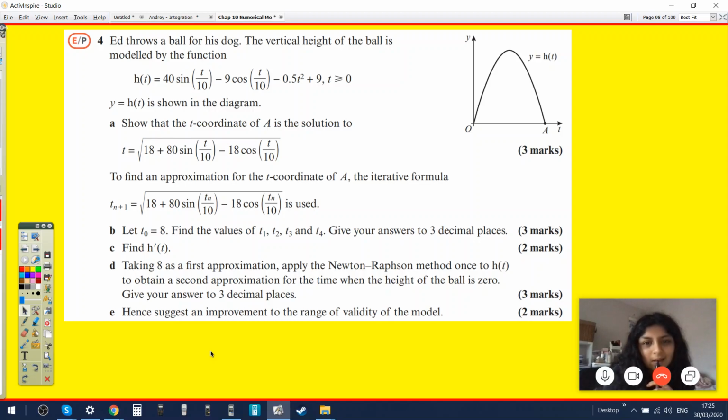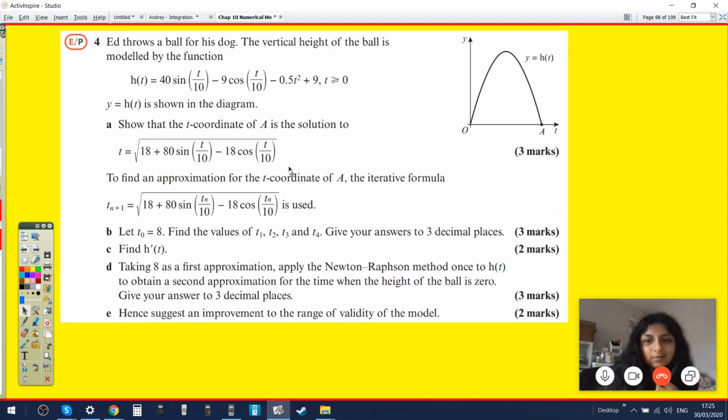So, suggest an improvement. He throws a ball, it's only valid till the time reaches A. It's not valid after that, I guess. Hence suggest an improvement. Oh, increase the range of validity of the model.